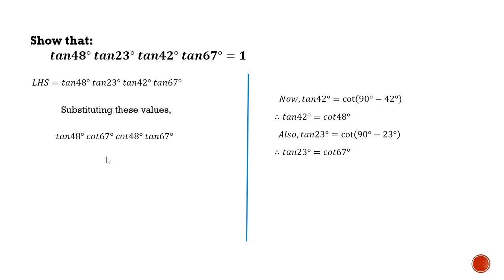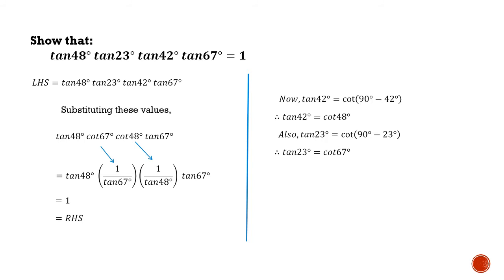Now I shall be writing cot 67 and cot 48 as reciprocals, and in terms of reciprocals they can be represented as 1 by tan 67 and 1 by tan 48 respectively, right? And they can be cancelled out. The tan 48 in the denominator will cancel out the tan 48 in the numerator, and a similar case will be with the tan 67 degree. So that means it is equal to 1, which is of course equal to RHS, hence it is proved.